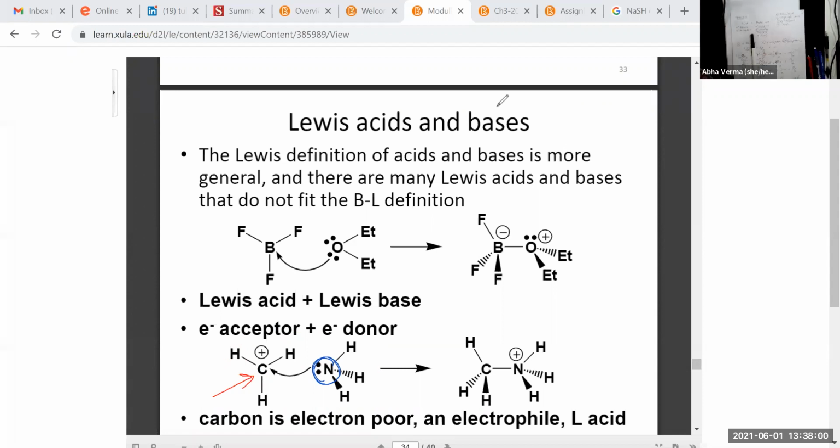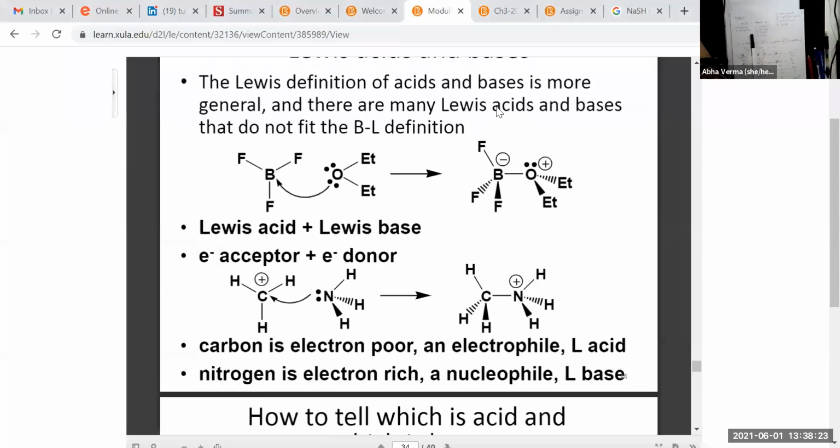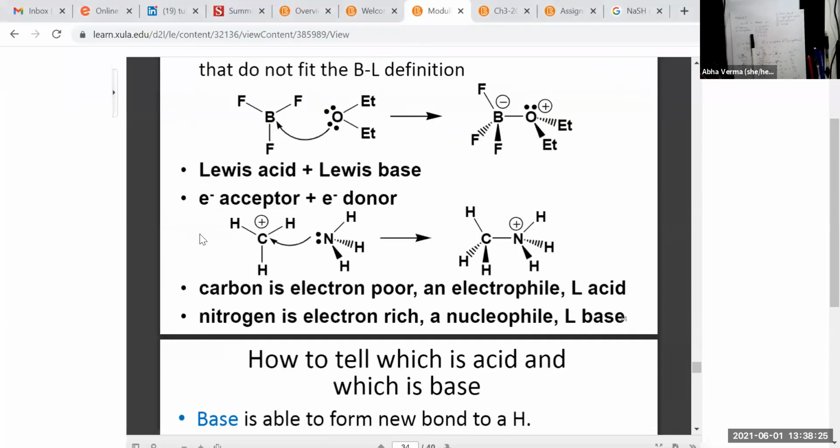Now here also I wanted to indicate an overall positive charge. Okay. Any questions? Now there is a definition that I want all of you to see here. Carbon is electron poor.